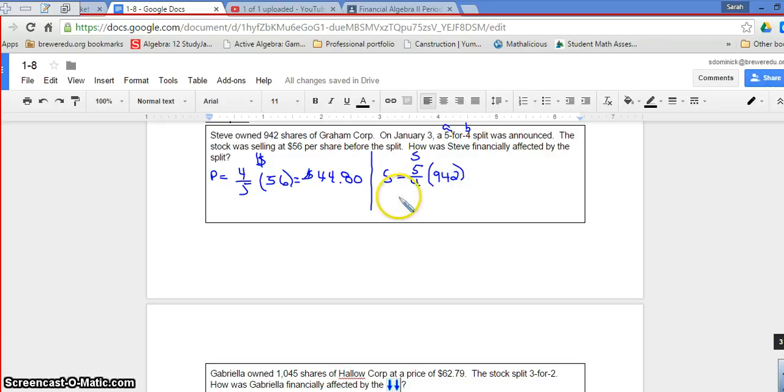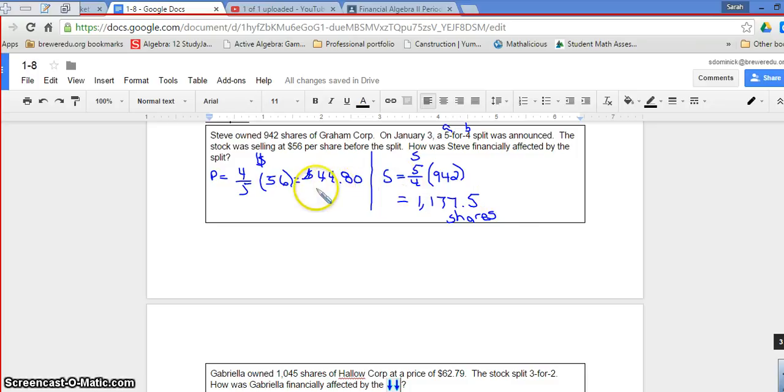If you do that out, you should get 1,177.5 shares. That's where you should be like, oh man, wait a minute. That's no good. You can't have 0.5 of a share. So what actually happens is the company buys this 0.5 of a share and writes Steve a check.